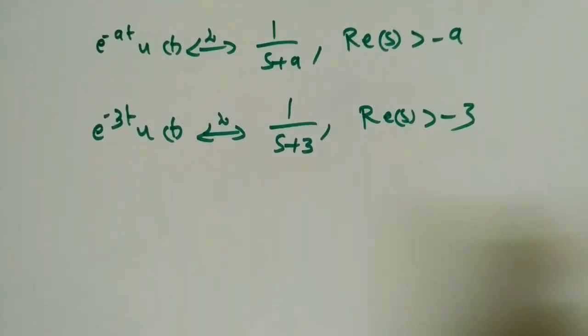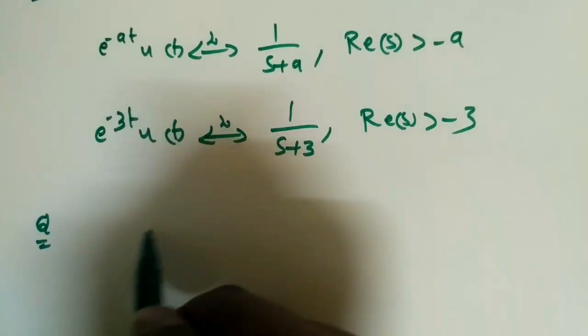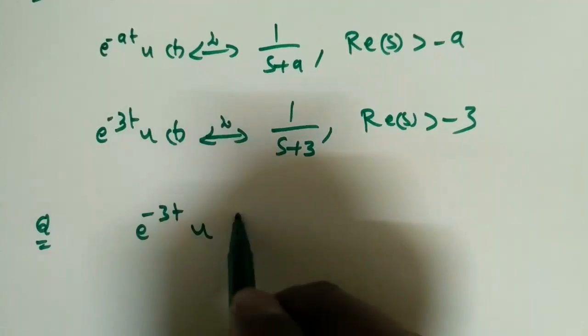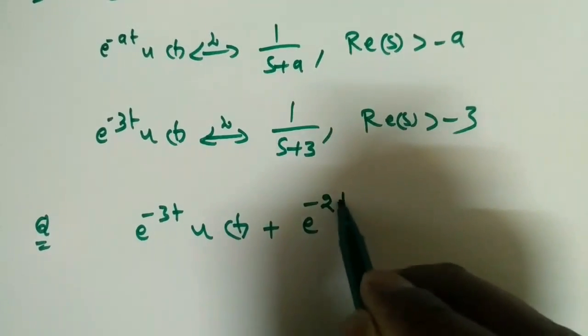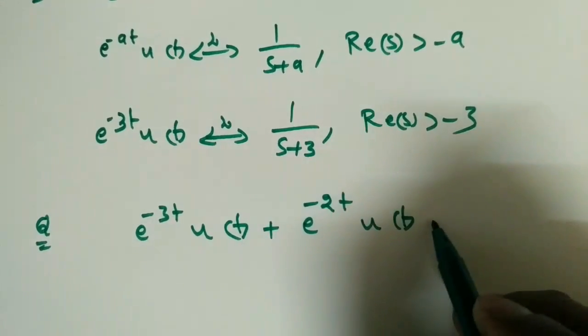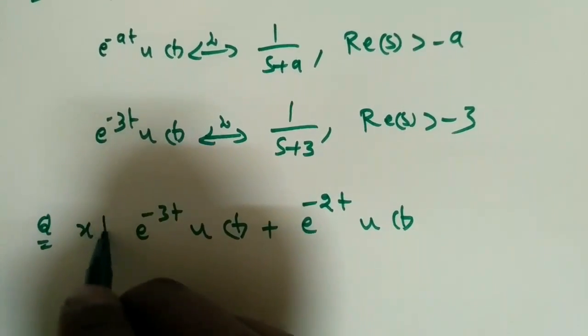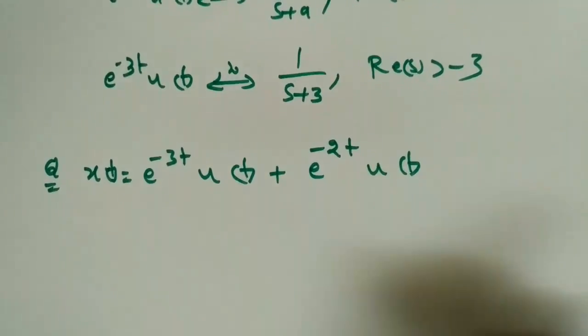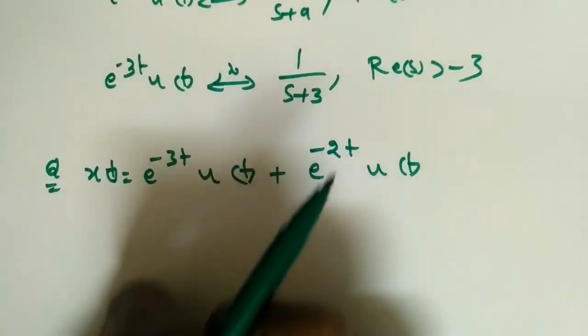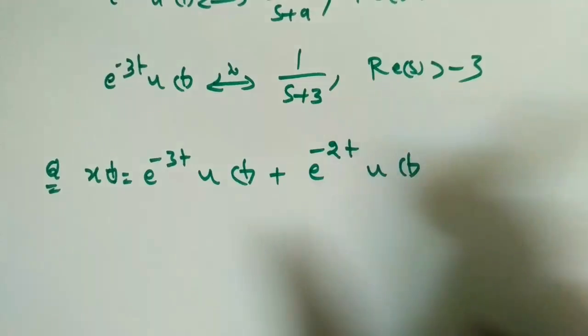Now suppose two signals are given, e power minus 3t u of t plus e power minus 2t u of t. What is the Laplace transform when there is a combination of two signals? We know from the linearity concept that the output should be the summation of these two.